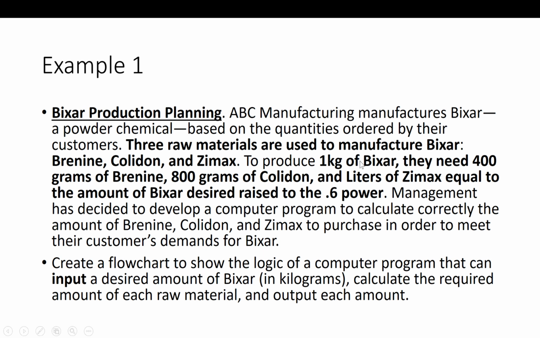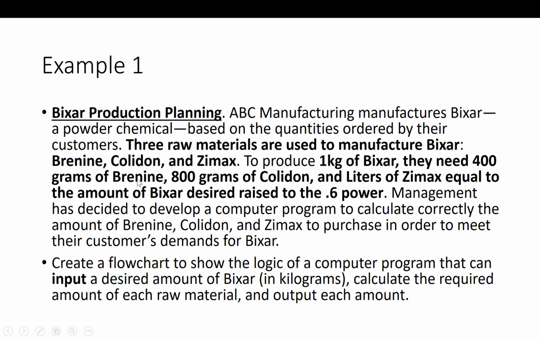And then they want me to show, for example, for every ingredient, let's say the Brennan, how much of pixar the Brennan will be. So in this case, it is 400 grams of Brennan. So 1 pixar is 400 grams of Brennan.